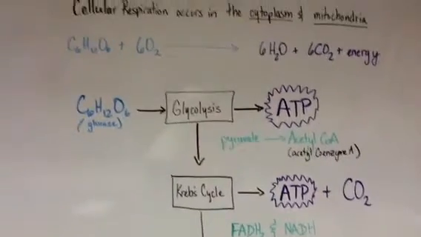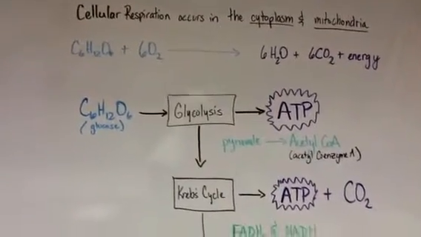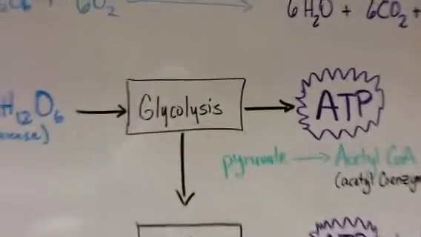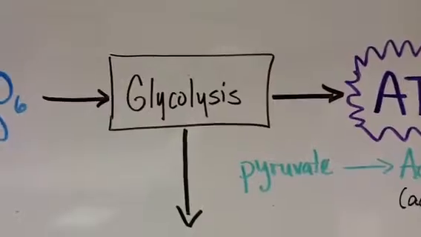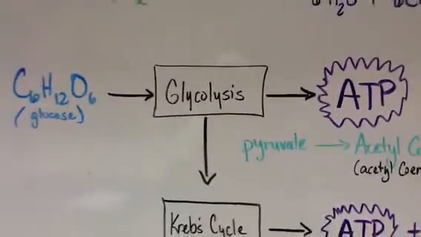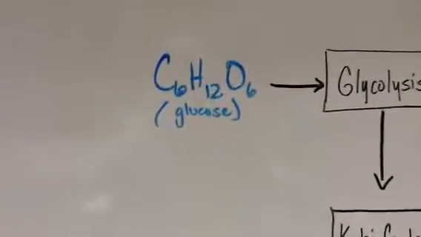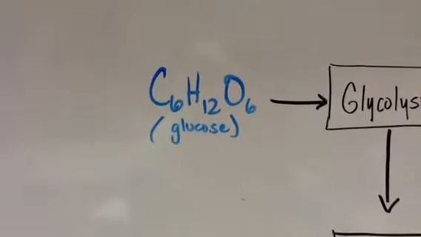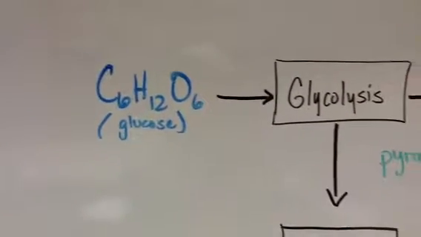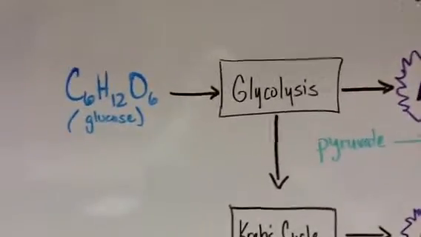Like we said, cellular respiration is made up of 3 steps. Let's take a look at the first step, which is glycolysis. Glycolysis literally means the splitting of a glucose molecule, or the breaking down of a glucose molecule. So we're going to get our glucose molecule, and it's going to get fed into glycolysis.